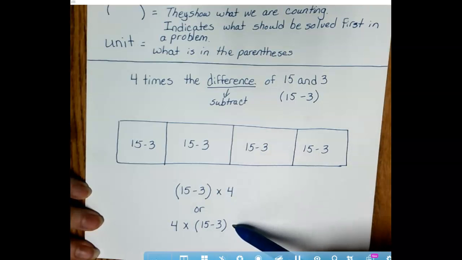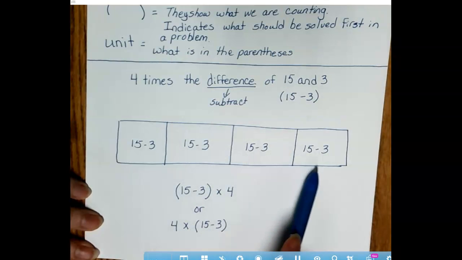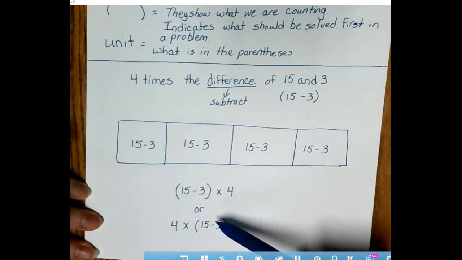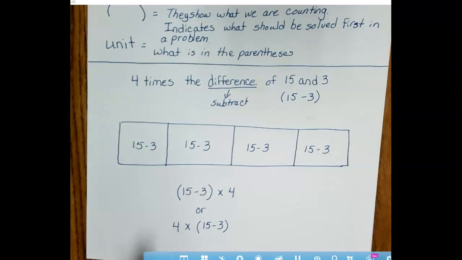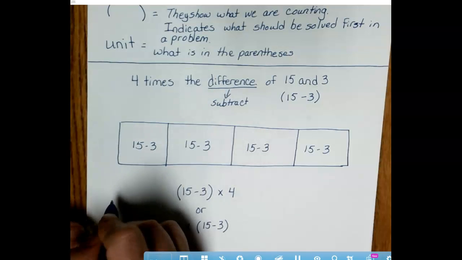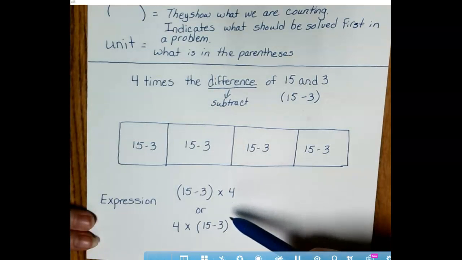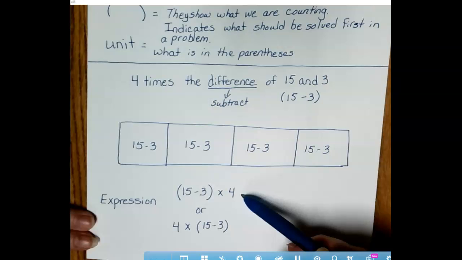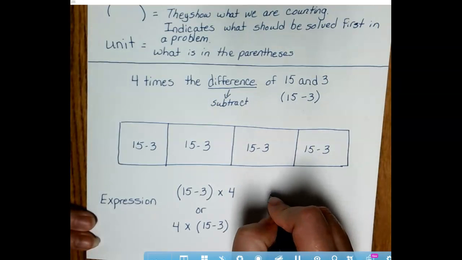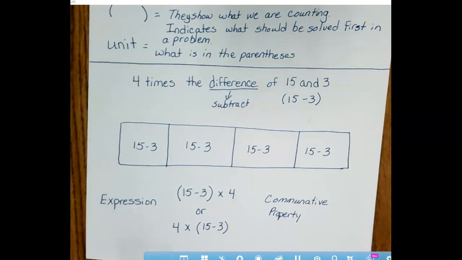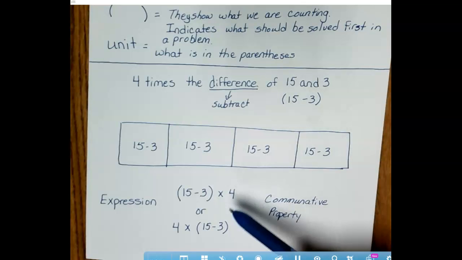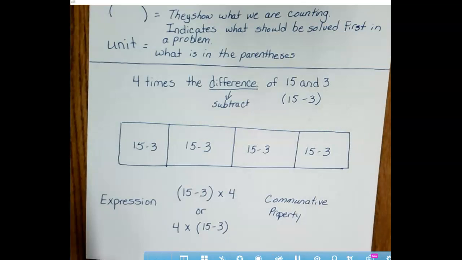Both of these say exactly the same thing. And our model says the same thing as both of these. We call this an expression when we write it out as a number problem. And the fact that they can be changed around is called the commutative property. It just means that we are able to switch these around and still come up with the same answer.